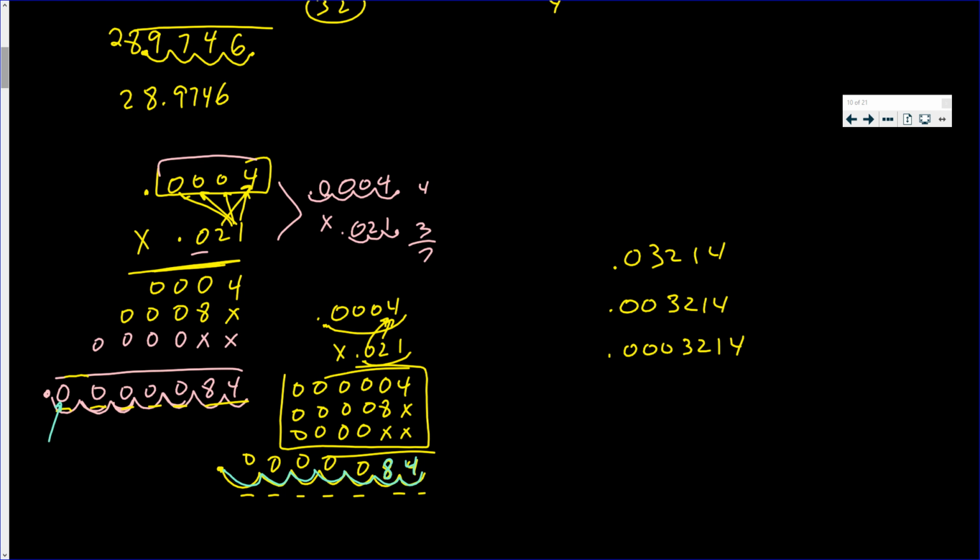Okay, let us try one more. So again, we knew it was going to be about 0, and 0.0000084 is about 0. But you know what? You may say, well, put the decimal there.